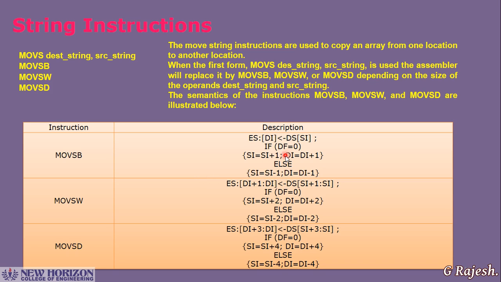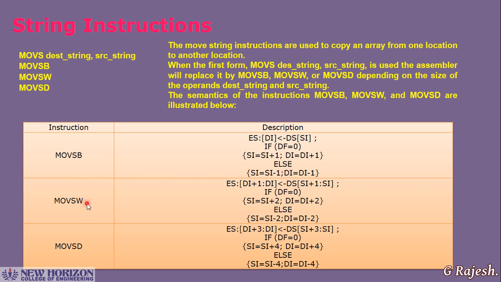If the direction flag is 0, the source index and destination index registers are incremented by 1 byte. Otherwise, they are decremented by 1 byte. That is for MOVSB.